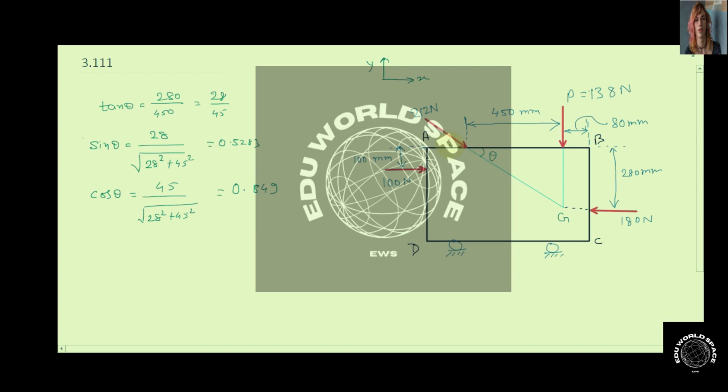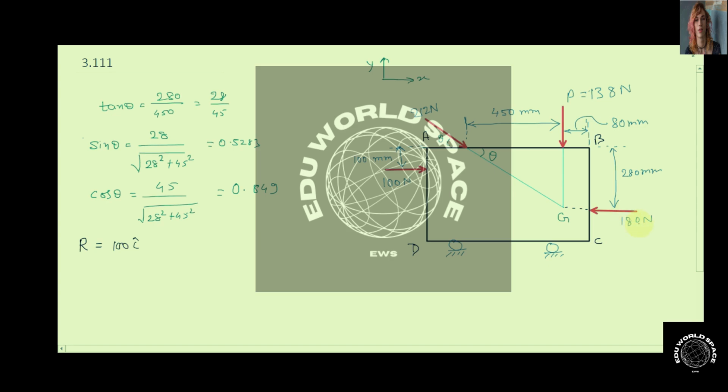So this angle is theta. Now this 212 can be resolved along the x-axis and y-axis as 212 cos theta along the x-axis and 212 sin theta in the negative y-axis. So we can get the resultant force acting on this system as R equals: this 100 Newton is along positive x-axis, so this will be 100 i cap.